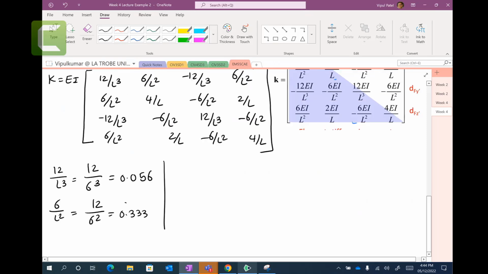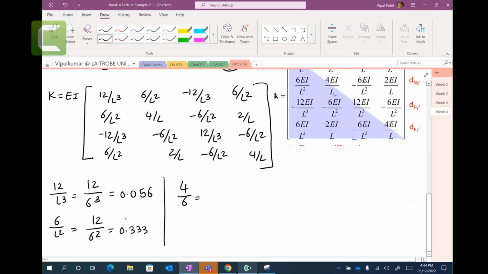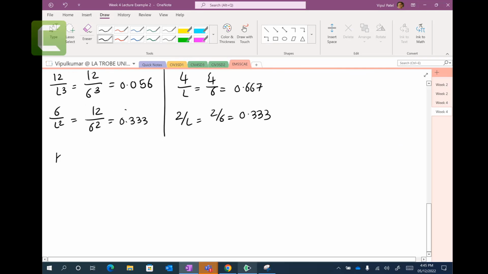Let's get 3 decimal places. 4 on L, 4 on 6, you get 0.667. And then 2 on L, which is 2 on 6, you get 0.333.